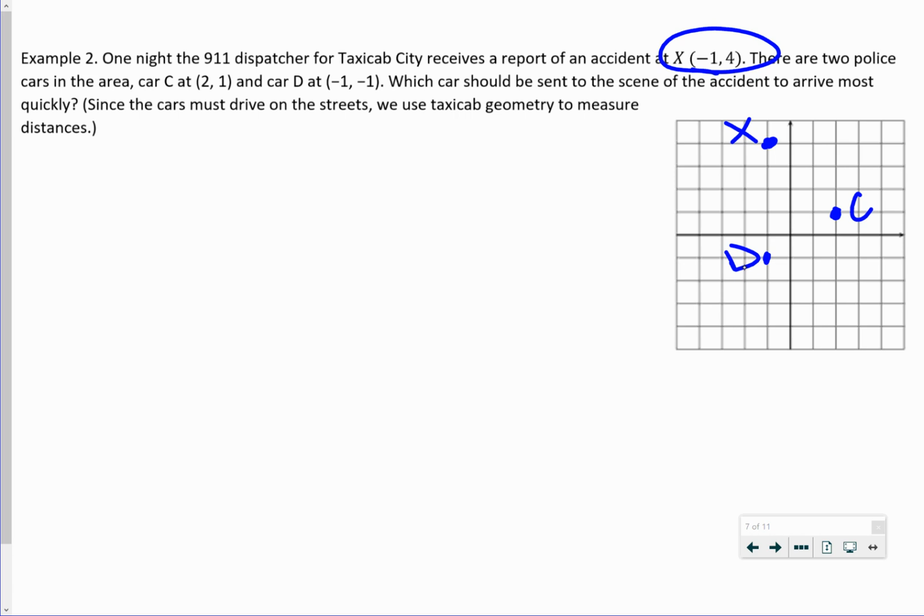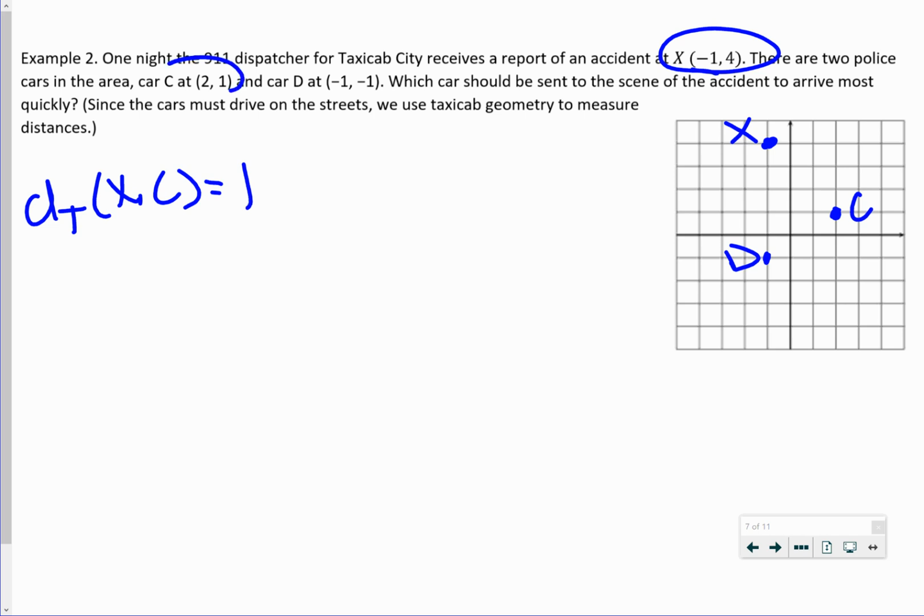So there's a couple ways you could do this. I'm going to show you the formula first, since we've been practicing with that. Let's find the taxicab distance between X, which is the accident, and C, which is the car.